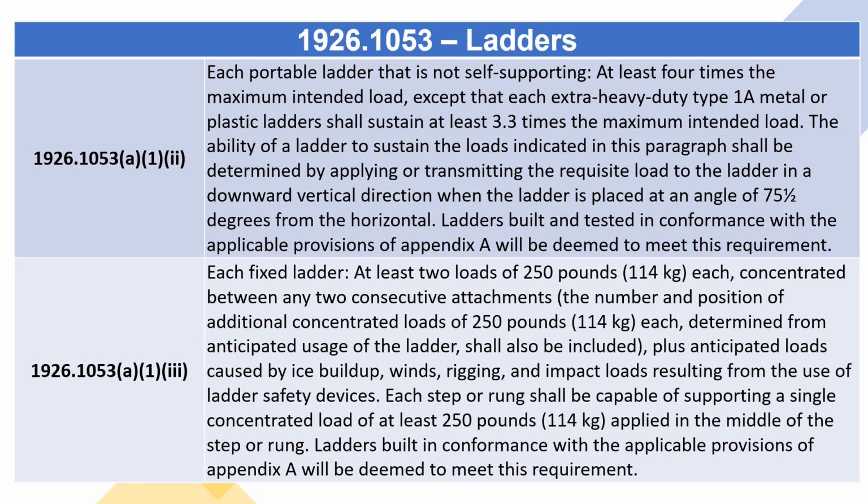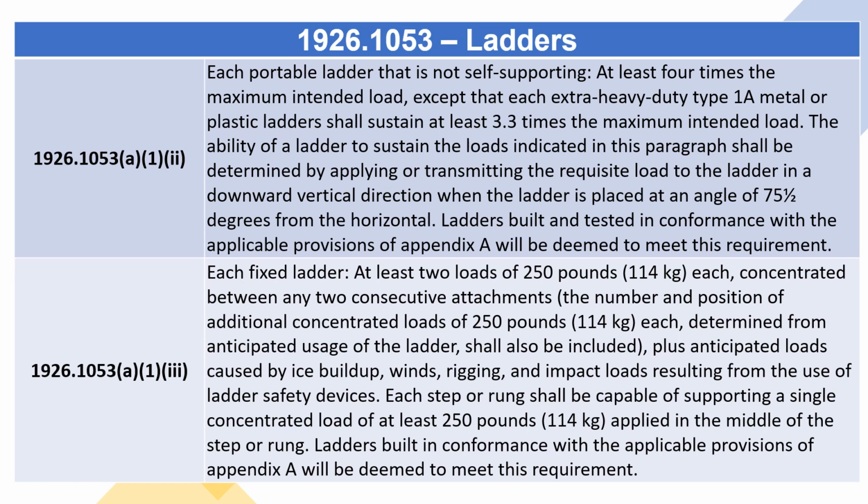1926.1053(a)(1)(iii): Each fixed ladder shall be capable of supporting at least 2 loads of 250 pounds (114 kilograms) each, concentrated between any 2 consecutive attachments. The number and position of additional concentrated loads of 250 pounds (114 kilograms) each, determined from anticipated usage of the ladder, shall also be included, plus anticipated loads caused by ice buildup, winds, rigging, and impact loads resulting from the use of ladder safety devices.